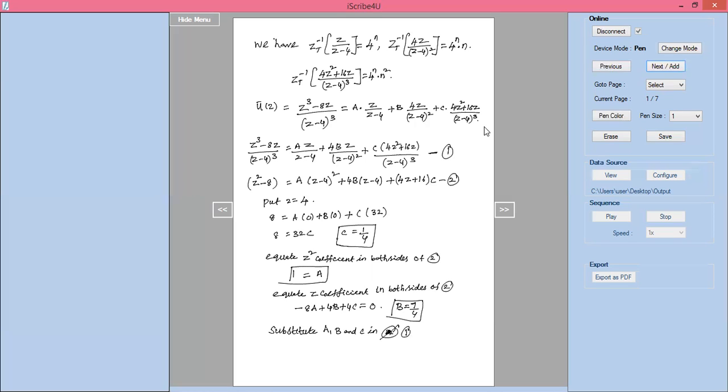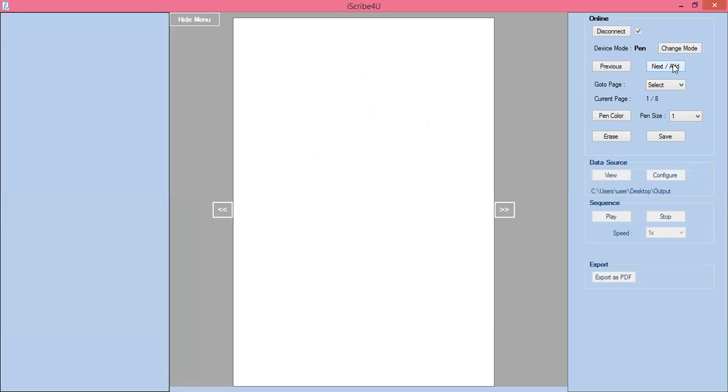Equation 1 should be z cube minus 8z divided by (z minus 4) whole cube equal to a, which is 1, that is z divided by z minus 4, plus b, which is 7 by 4, into 4z divided by (z minus 4) whole square, plus c, which is 1 by 4, into (4z square plus 16z) divided by (z minus 4) whole cube.